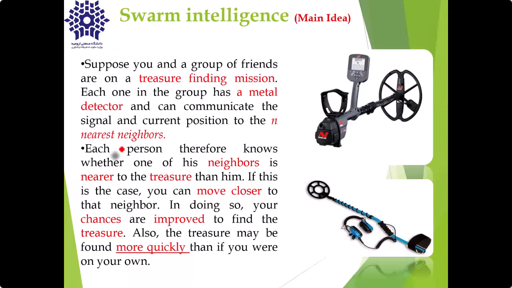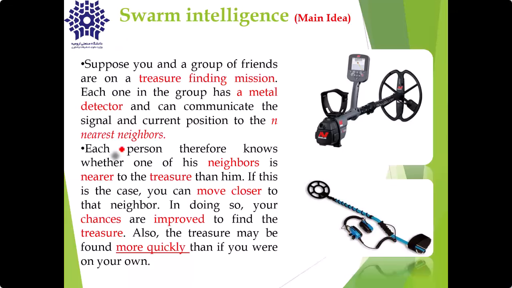Because nobody knows the exact location, everybody travels and spreads around the environment and checks their neighbors. Each person therefore knows whether one of his neighbors is nearer to the treasure than him. In this case, you can move closer to that neighbor. How do you know your friend is close to the treasure?